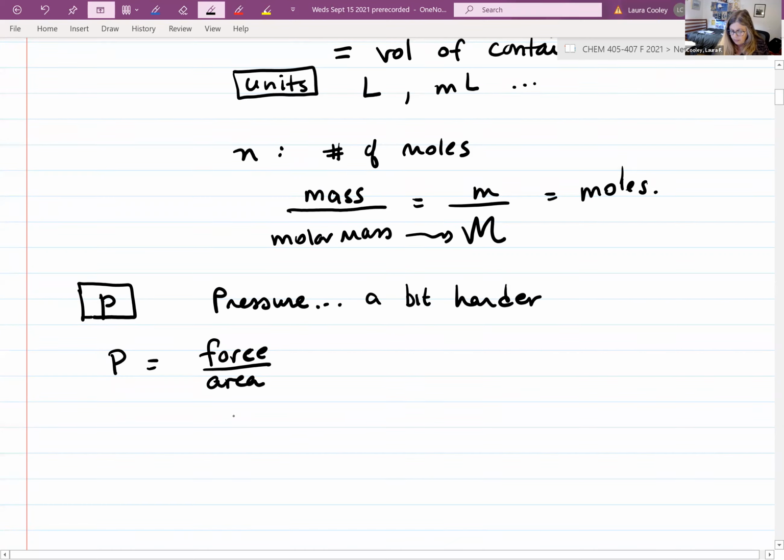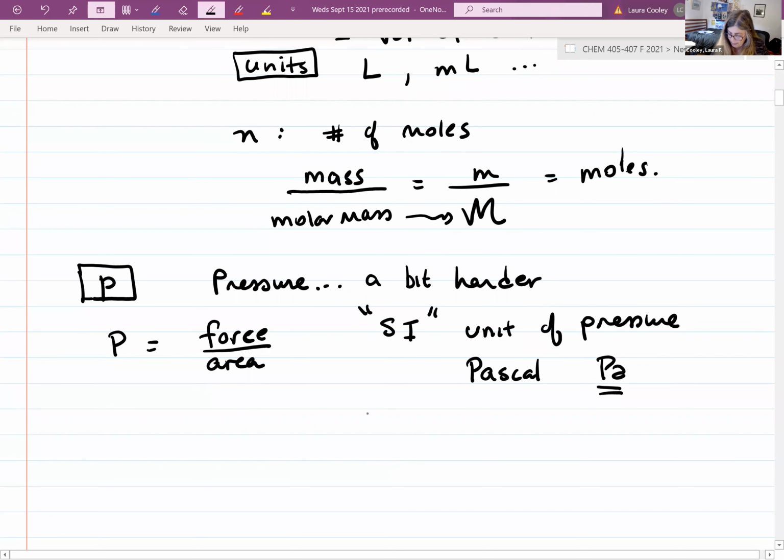I'm going to give you a little bit of an example in a minute, but I want to mention that the SI unit, the Système International, of pressure, which I'm sure you remember from physics, is the Pascal, given the symbol Pa. So 1 Pascal is 1 Newton, that's the unit of force, per meter squared.